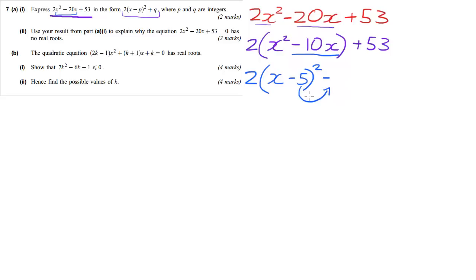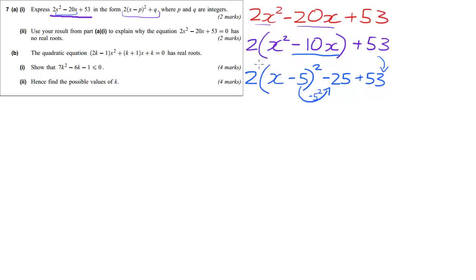So you imagine minus 5 squared here. Minus 5 squared is 25, so let's take away 25, and you always have a minus here, so it wouldn't matter if this was plus 3, you would still take away 9 from there. You always take away what's in there anyway, and this 53 just carries on here. Like I said, we don't touch that for the beginning.